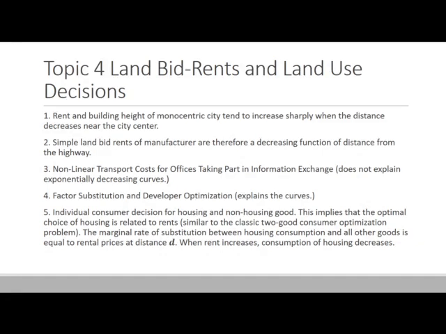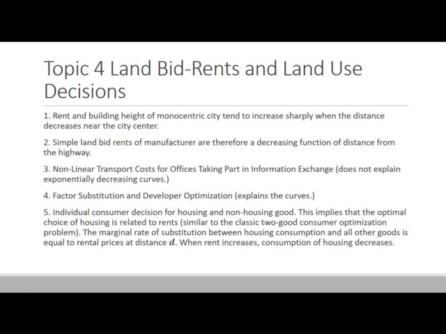So in general, when you have this office worker with nonlinear transportation cost, this part doesn't explain the nonlinearly increasing trend in rent and building heights at the beginning of this chapter.